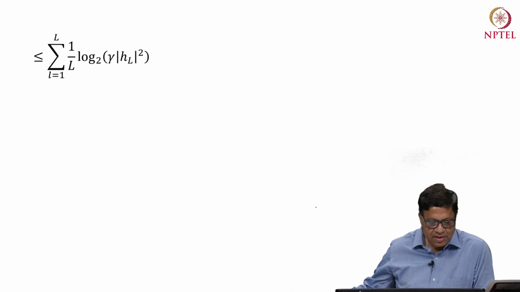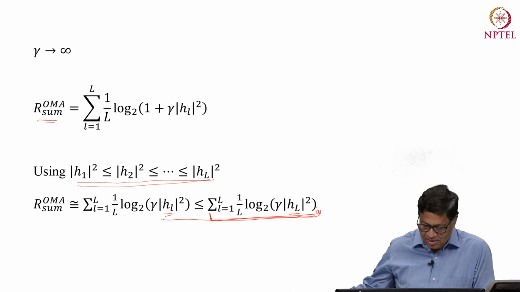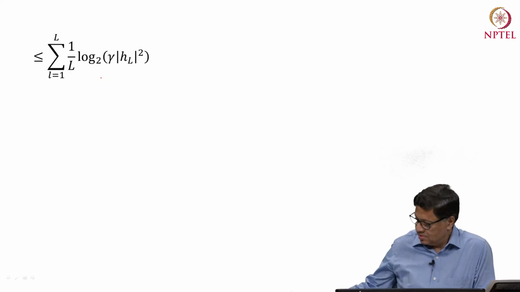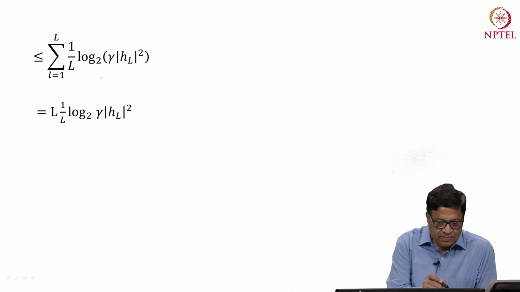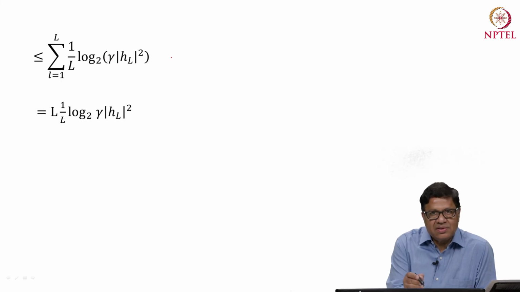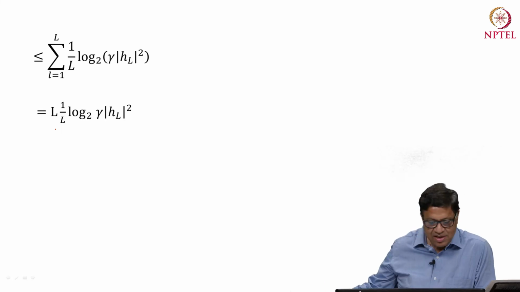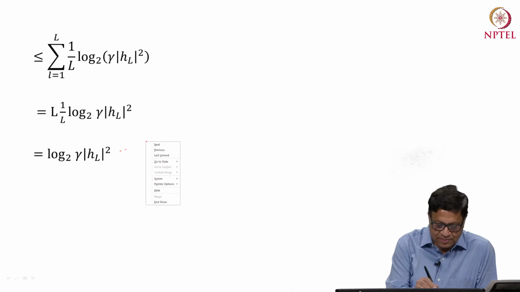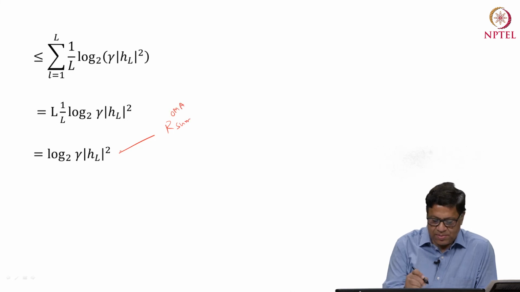If I do the summation, it will be L times the same thing, so L into 1 by L log 2 gamma HL square. L will get cancelled, and this is the expression I get: R sum OMA is log 2 gamma HL square.